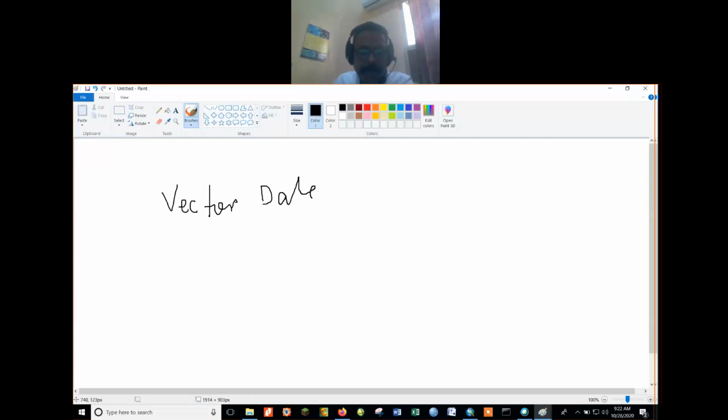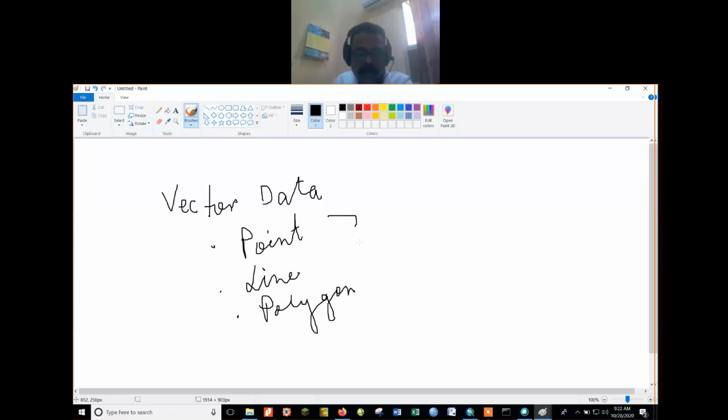Vector data consists of points, as we have discussed before, then we have the line, and next is the polygon. These all are a part of GIS, Geographical Information Systems.